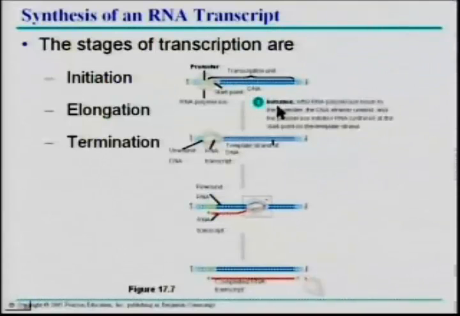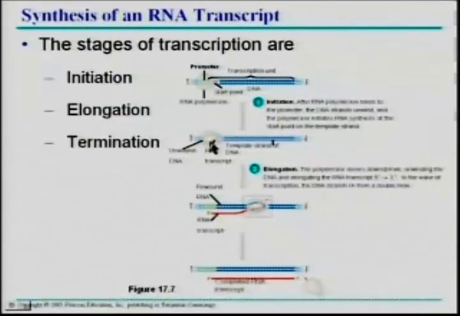Initiation is after RNA polymerase binds to the promoter, the DNA strands unwind, and the polymerase initiates the RNA synthesis at the start point on the template strand. Then elongation occurs. The polymerase moves downstream, unwinding the DNA and elongating the RNA transcript 5' to 3'.